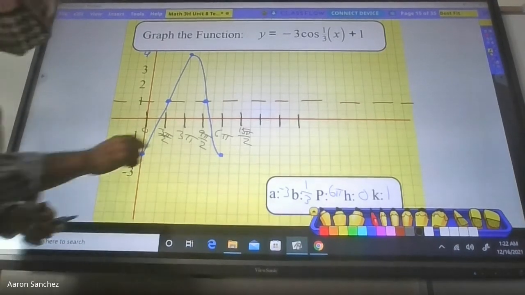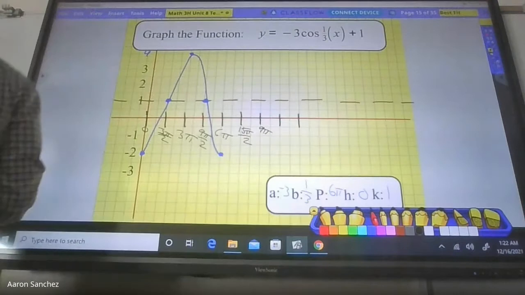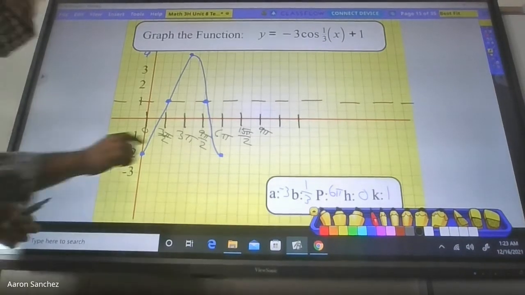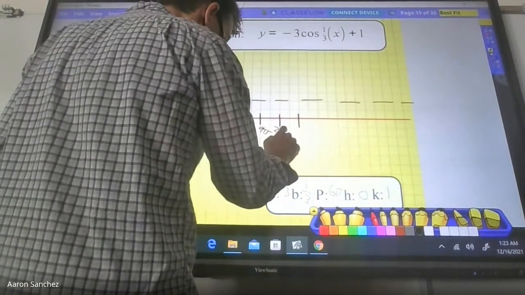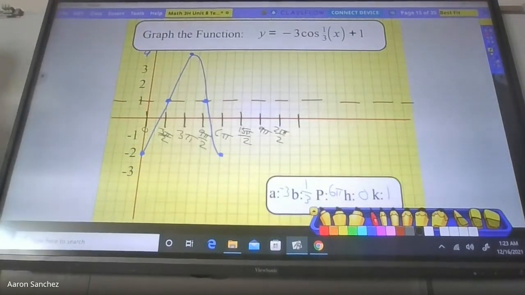So then this is now 9 pi. And then to 18, what do I add to that? 3, 21 pi over 2. I can't simplify that, so this will be 21 pi over 2, right? And then what's my last point going to be? 21 plus 3, 24 pi over 2 divided by 2 is 12 pi.